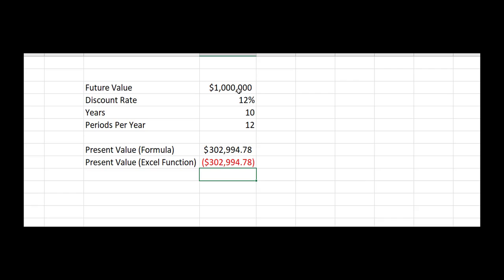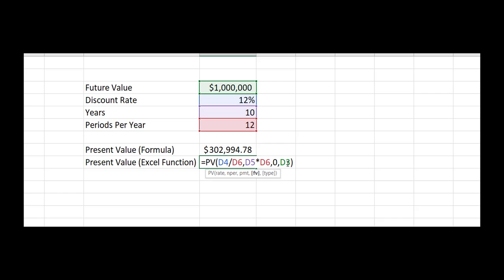Well, why is it negative? Really simple, because these things are based on cash flows. So what you have to do is go into your formula. I'll double click to edit the formula, and you can put a negative sign in front of the D3. Alternatively, you could probably put a negative sign in front of the PV. It shouldn't make any big difference.